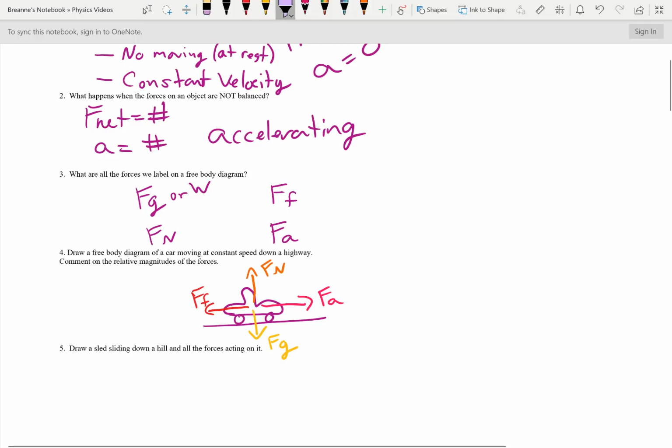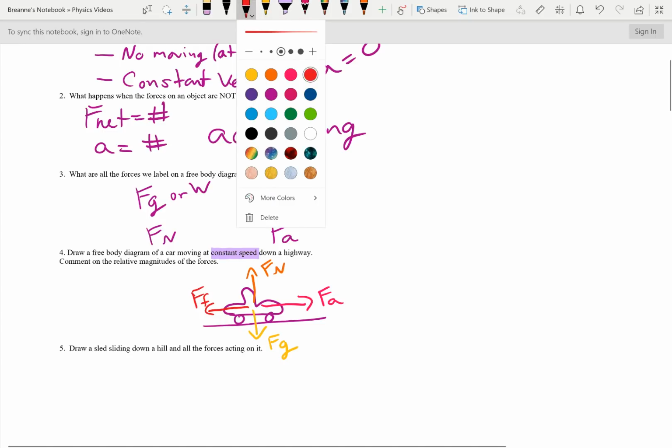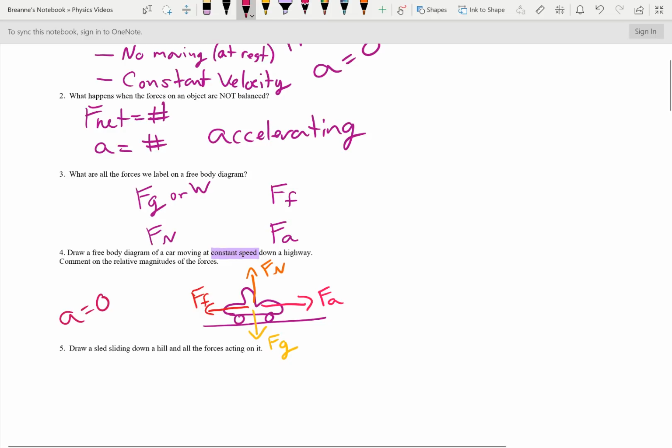Since it's at constant velocity, constant speed, remember what we're supposed to see when we see constant speed? Our acceleration equals 0. So therefore, our net force equals 0. So the forces are balanced.